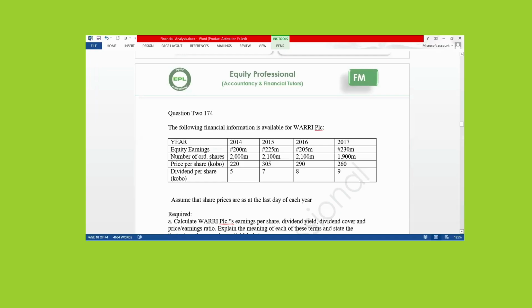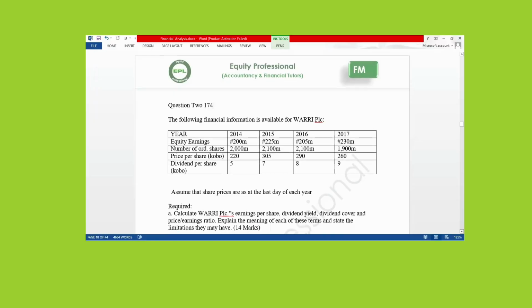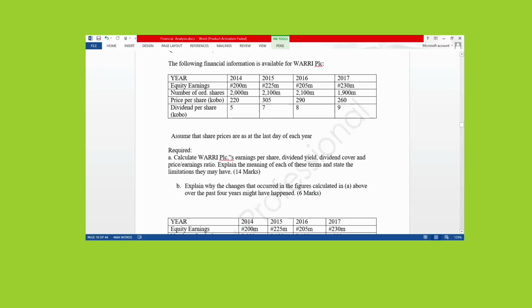Requirement A. Calculate Worry PSC's earnings per share, dividend yield, dividend cover, and price earning ratio.